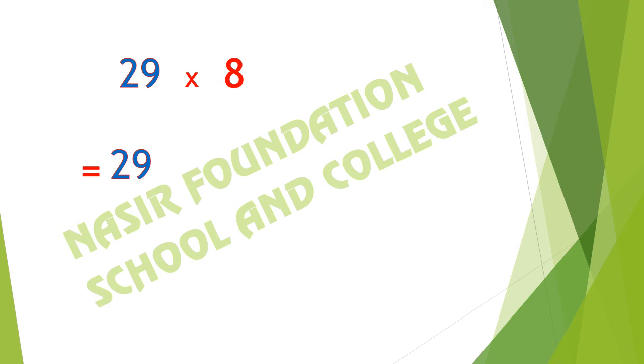As we are going to break this number 8, the nearest number that is a multiple of 10 is 10 itself. So from 10, if we subtract 2, we can get 8.